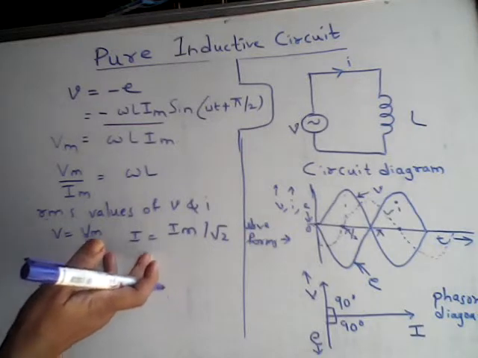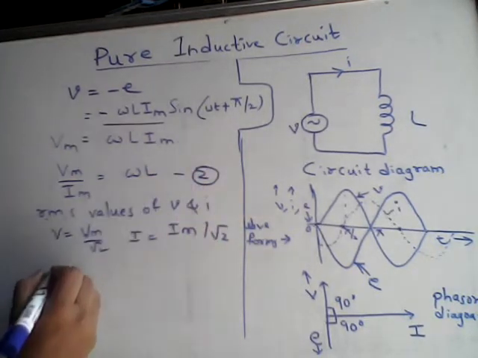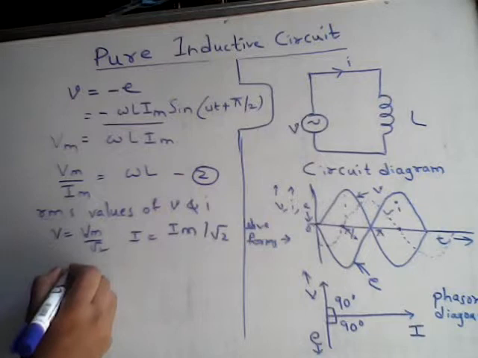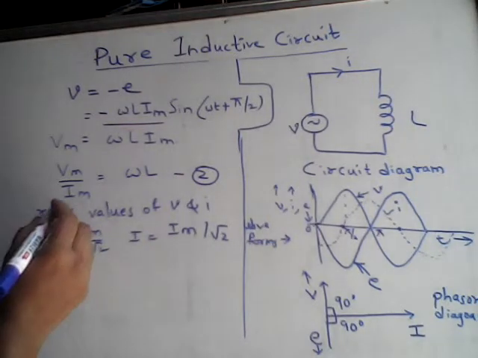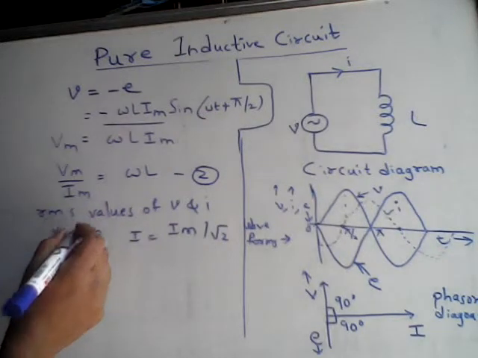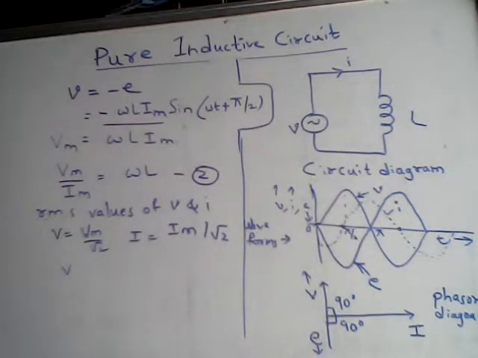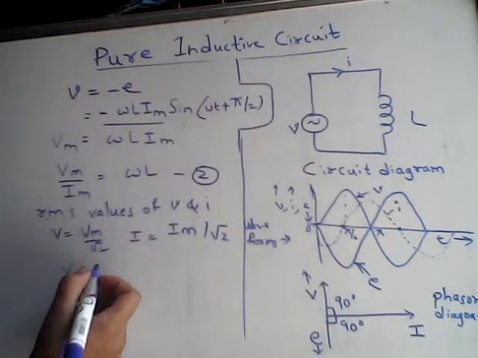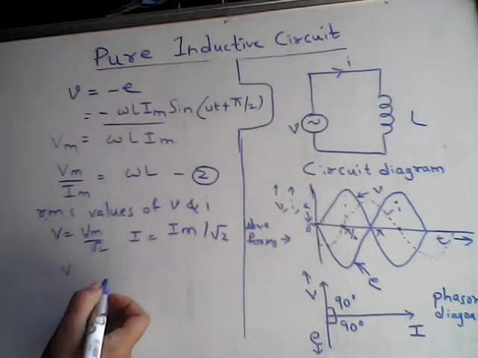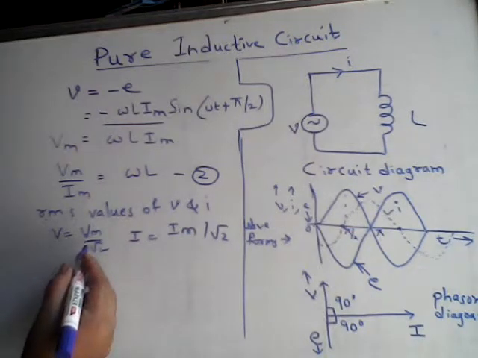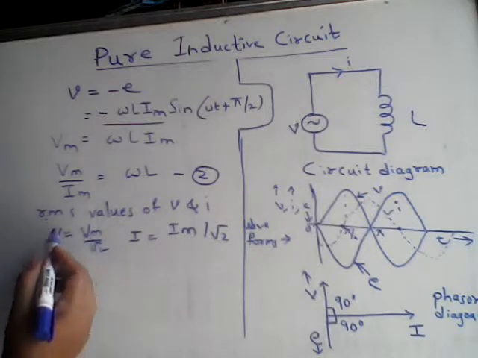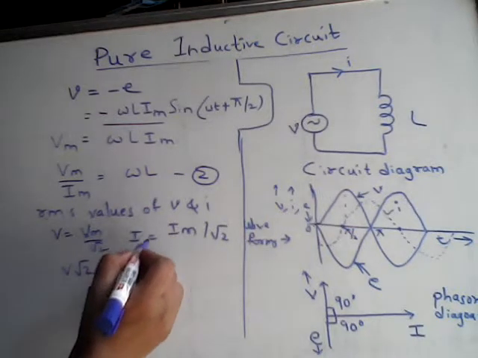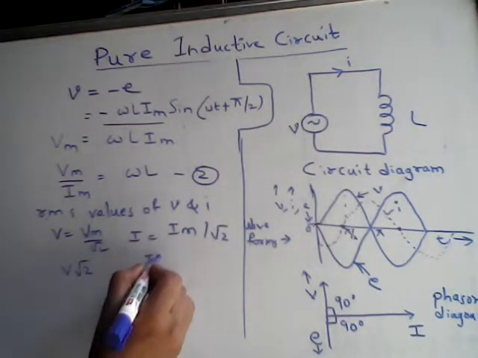So substituting these values in the above equation number 2, Vm equal to root 2 into V, and Im is equal to I into root 2.